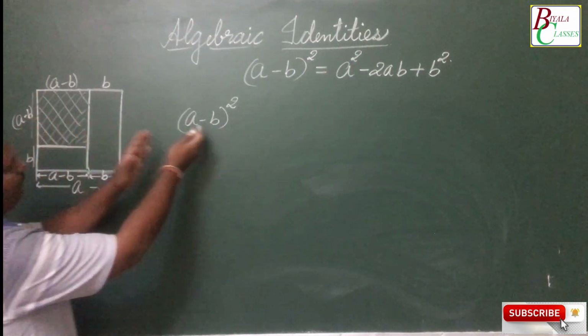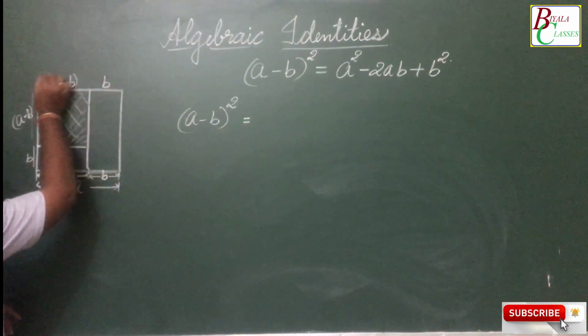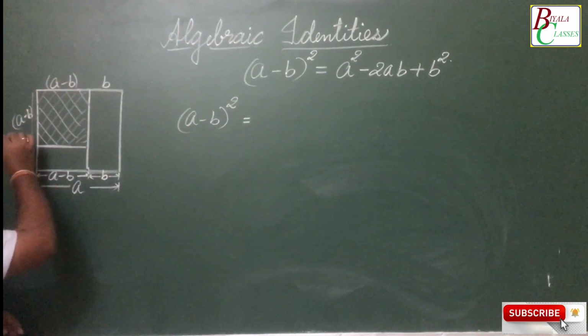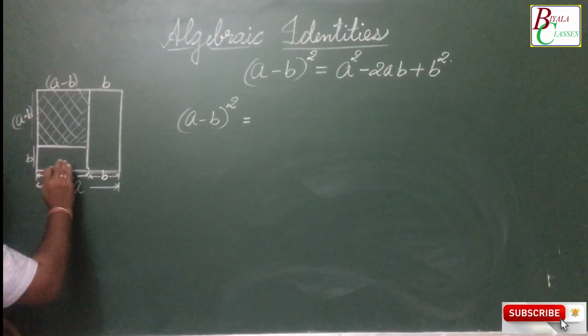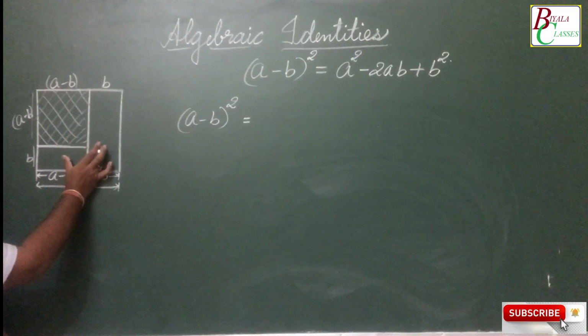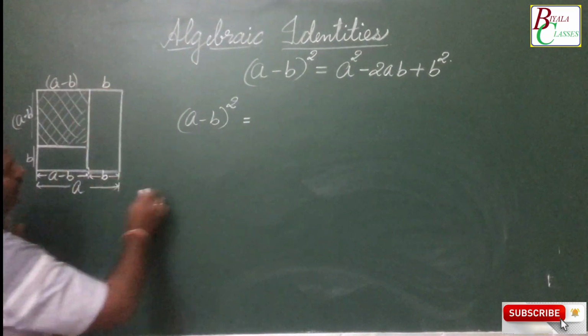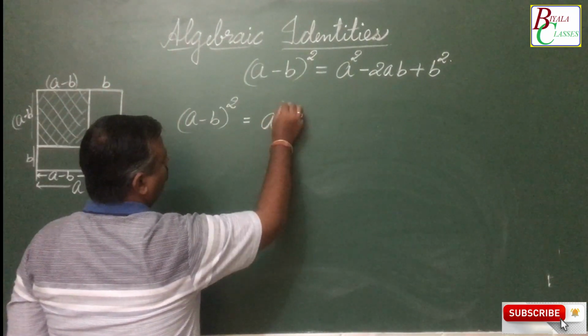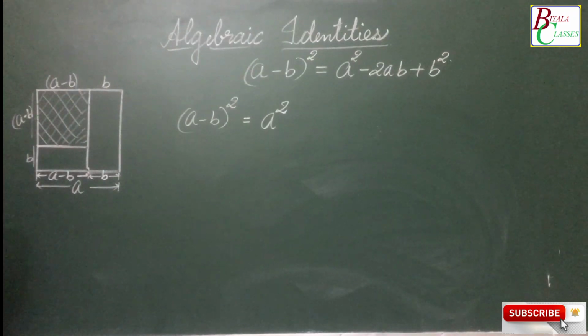Now this area is equal to the area of the whole square minus the area of these two parts which are unshaded, which are not shaded. So the area of the whole square, if we take, it is a square of side a, so its area becomes a squared.